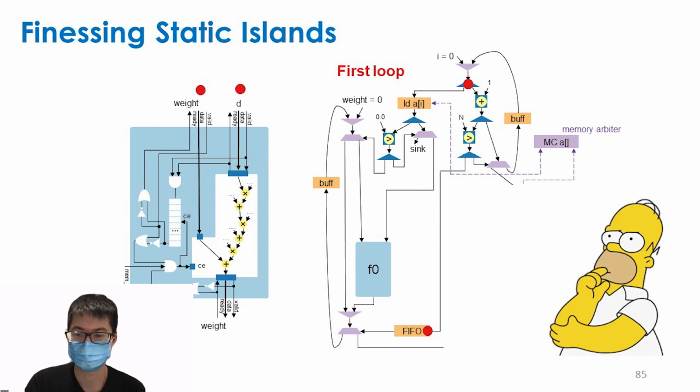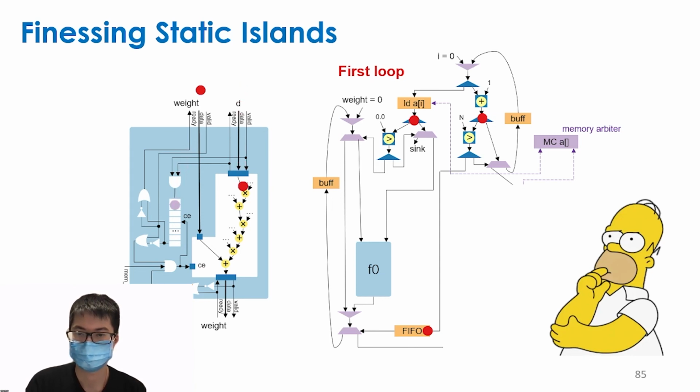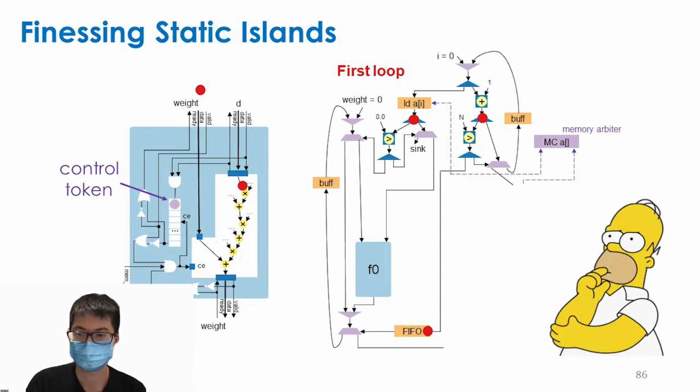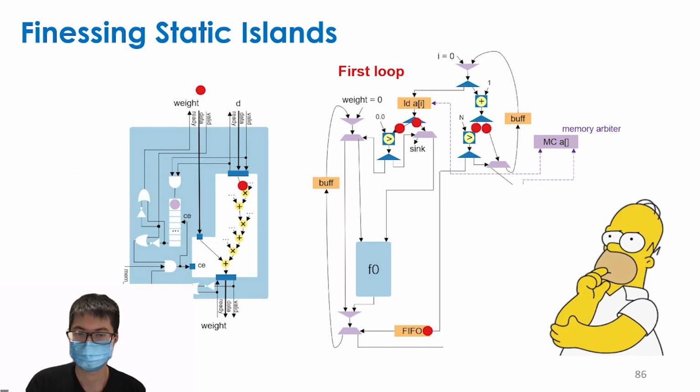The weight is not used until the last adder starts, so it is blocked at the input. But a control token enters the shift register and starts counting the stage of D. Meanwhile, the dynamically scheduled circuit continuously feeds D into the static island.